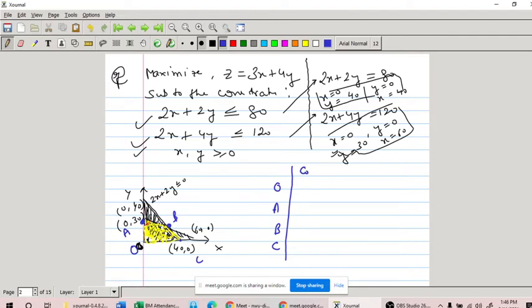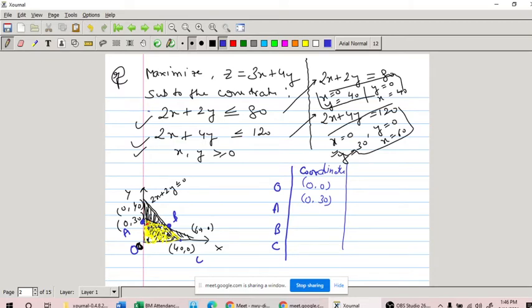And the coordinates of these points are: this is 0 comma 0, this is A. So A is 0 comma 30, this is B. B you can get either graphically by plotting these lines on a graph, or by solving these two equations.